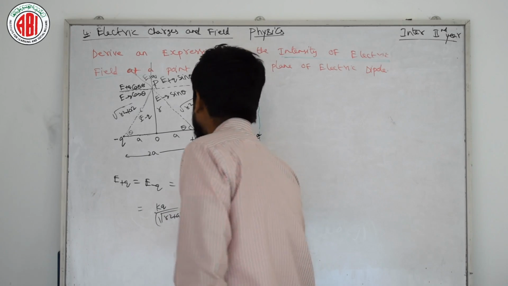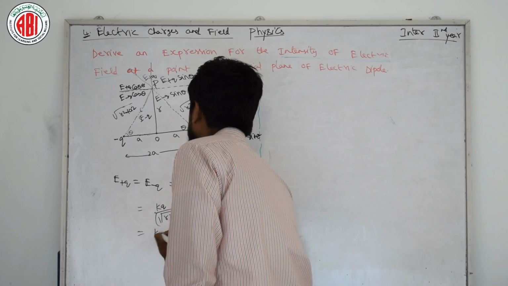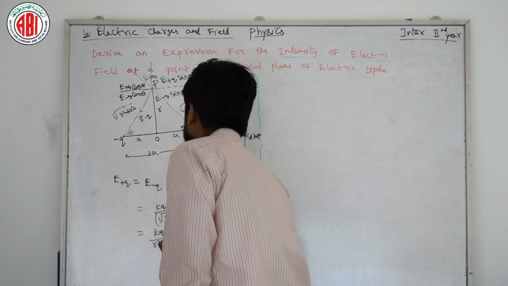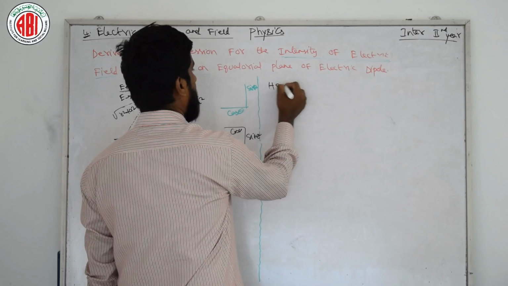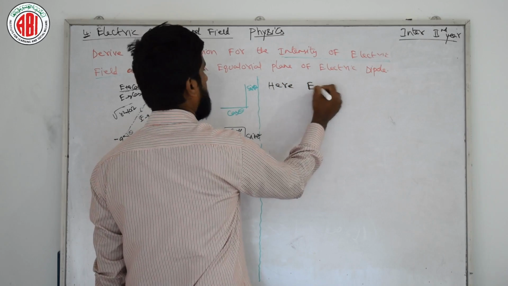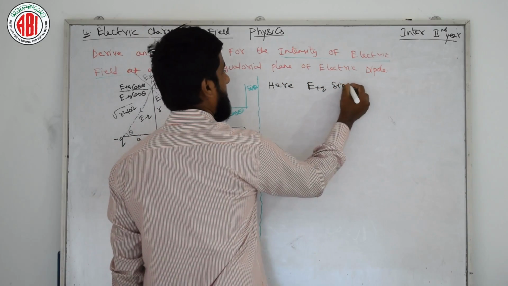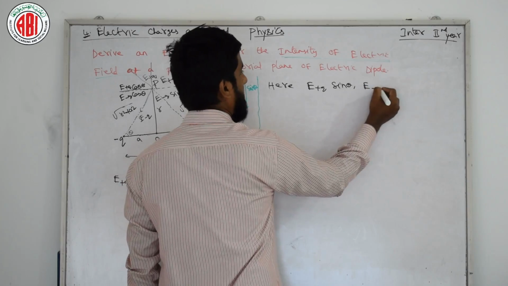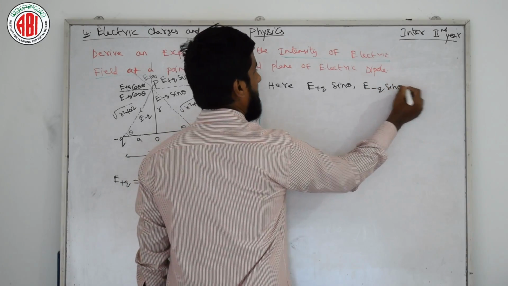So here, the final step we got is kq by r square plus a square. Here, E plus q sin theta and E minus q sin theta cancelled.